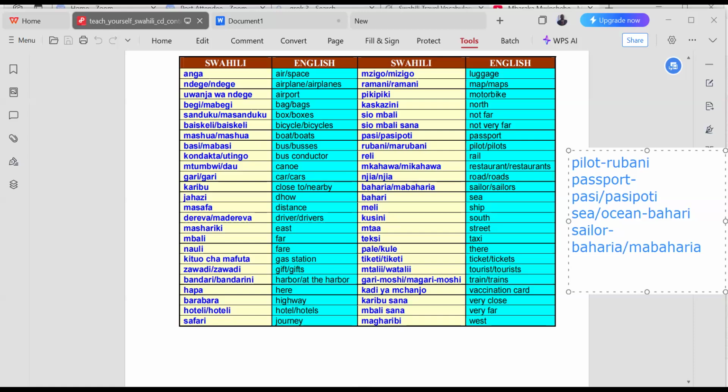We have the word karibu, which means welcome, and it also means closer. So when somebody tells you welcome, I think that's why the word was borrowed in terms of the meaning. What do they basically gesture for you?